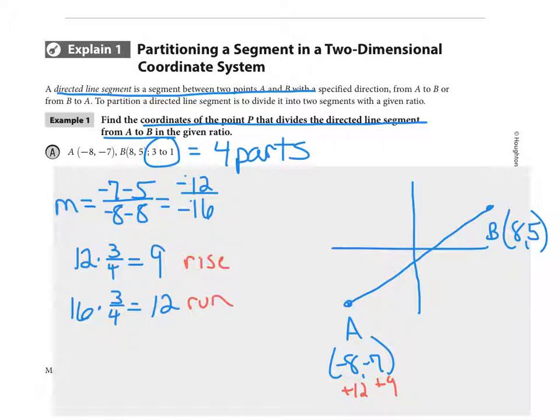When I do that, I get an x of 4 and a y of 2. And that, therefore, gives me this ratio of 3 to this ratio of 1.